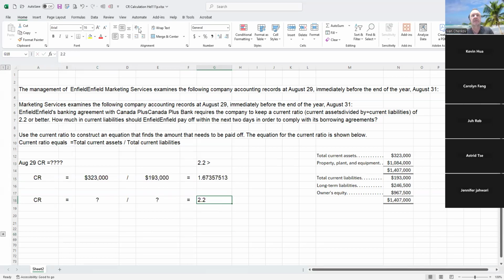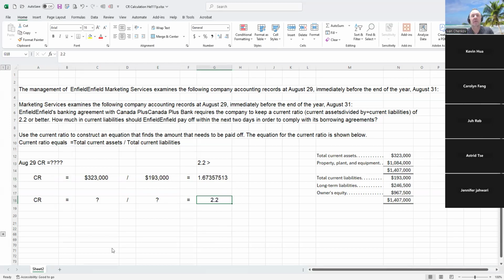This is the question that I have to ask myself: which amount do I have to deduct from the current assets and from the current liabilities, which is going to bring me to 2.2? Make sense? Yeah, that's where we are.